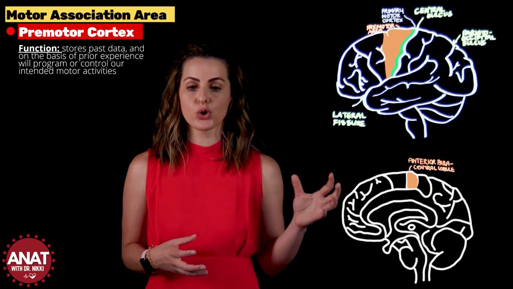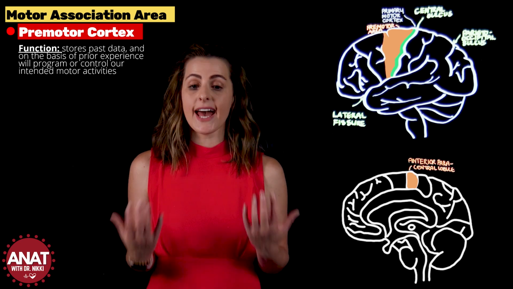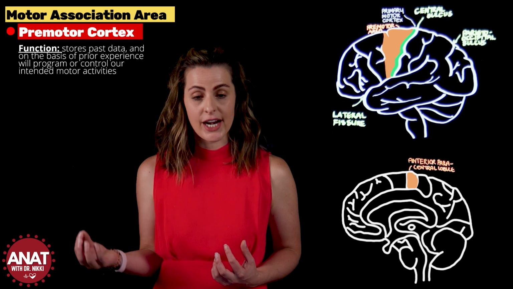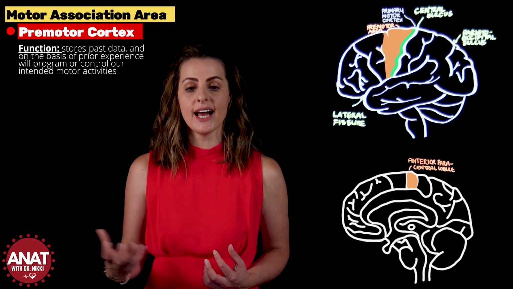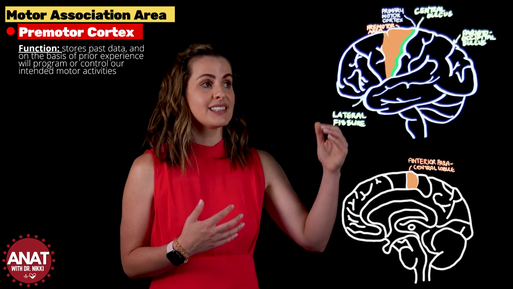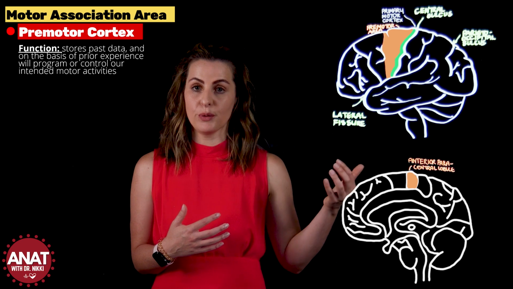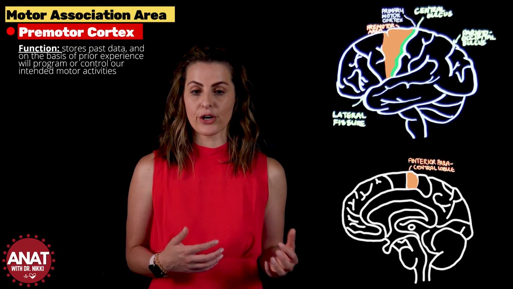So the premotor cortex then functions to store past data, and on the basis of our prior experiences, will then program or control our intended motor activities. This gyrus then extends to the medial side of the brain, where we then call it the supplementary motor area.